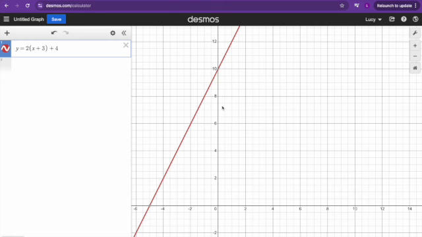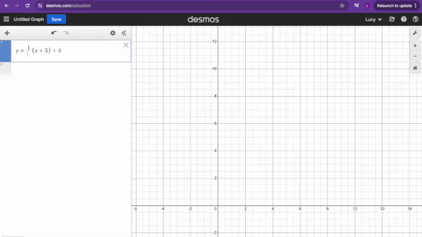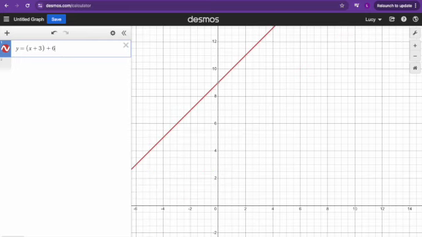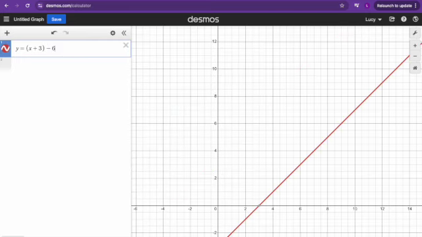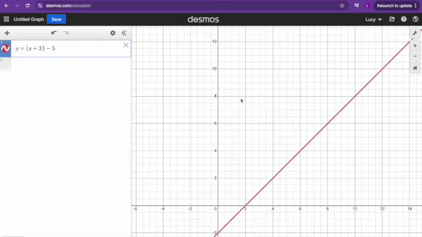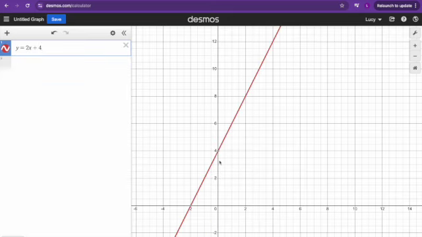As well as moving the line to the left and the right, I can also, of course, fiddle with the slope to make things steeper or less steep. And I can add or subtract any number from the y value to move the line up or down, just like we saw before. Now let me go back to my original line, and I'm going to try to see if I can make the same line in a different way.